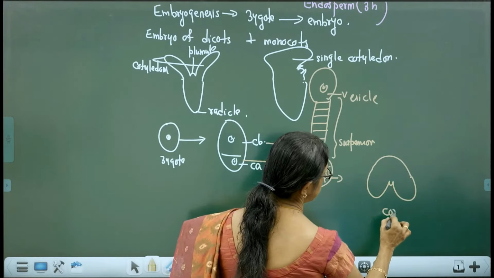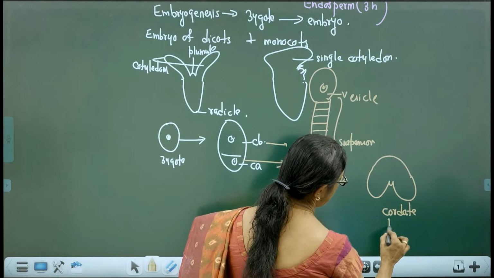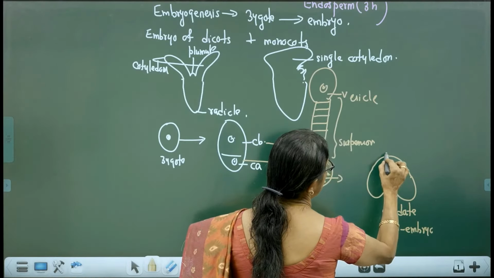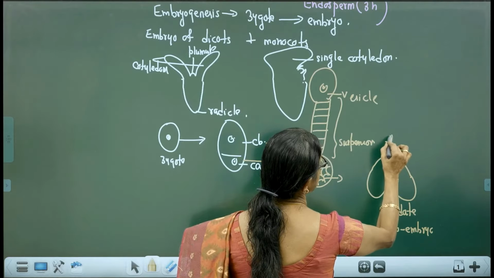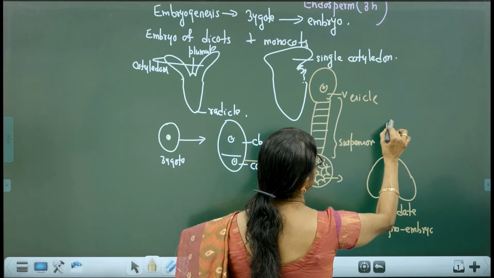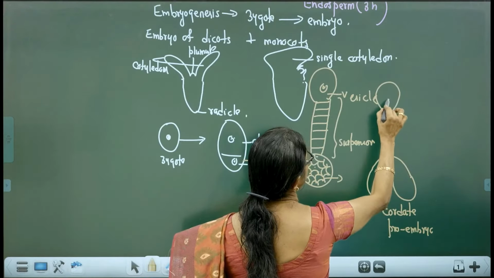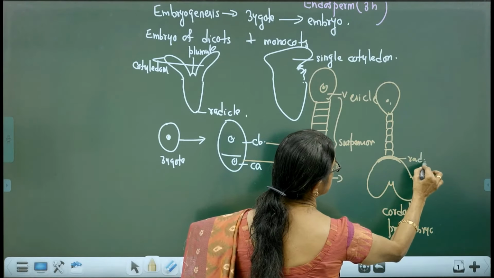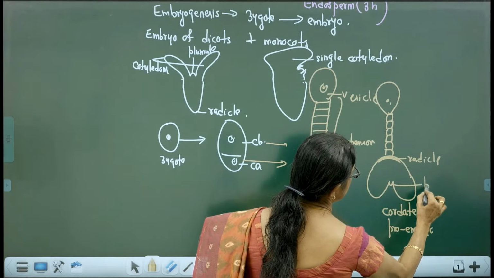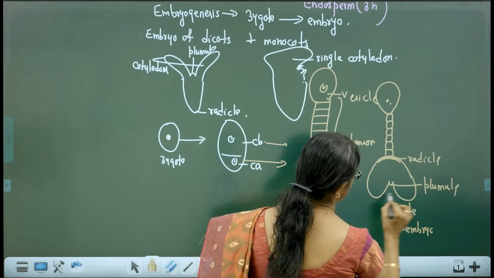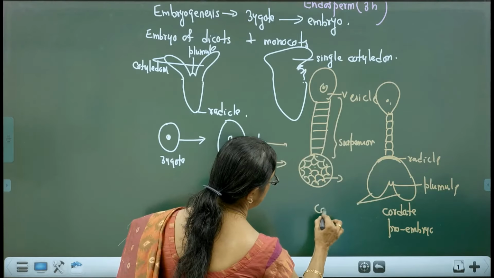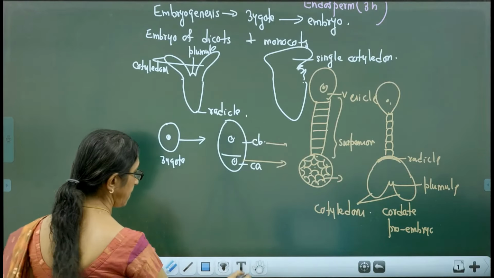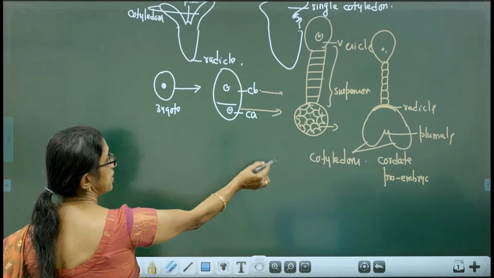This is the caudate proembryo, and here we can see the suspensor. Here the radicle differentiates and here the plumule, and these two are the cotyledons.